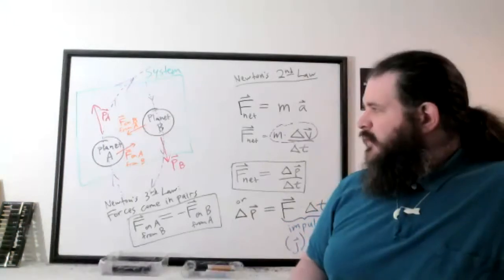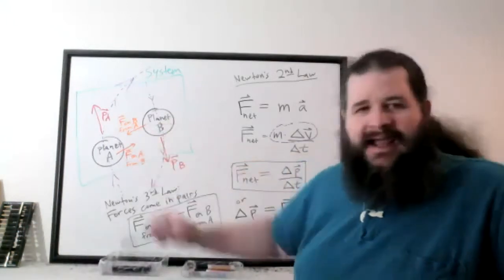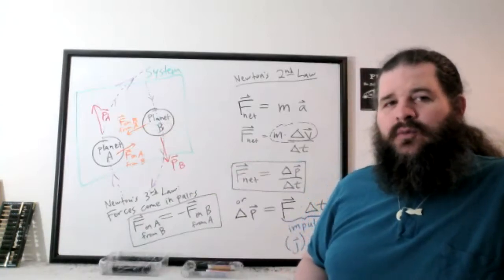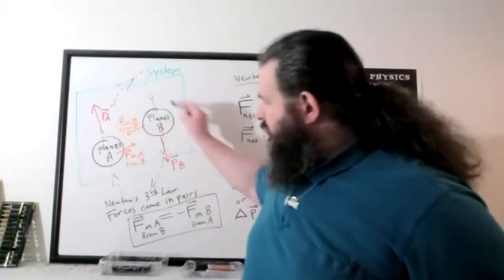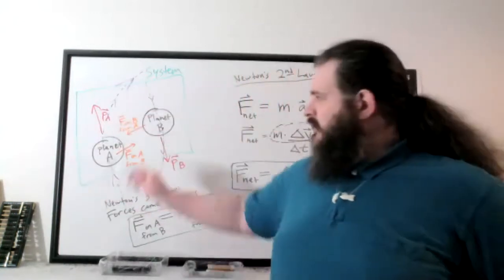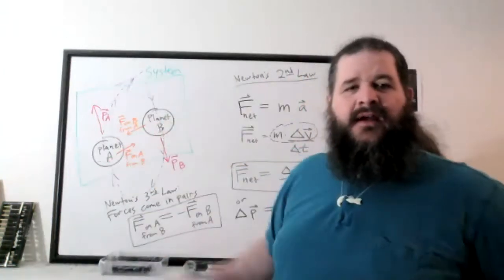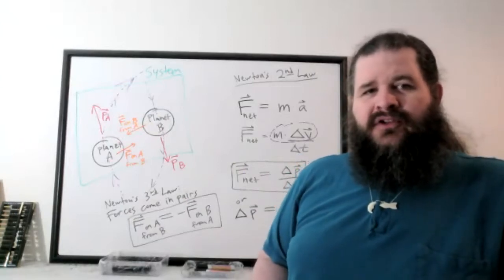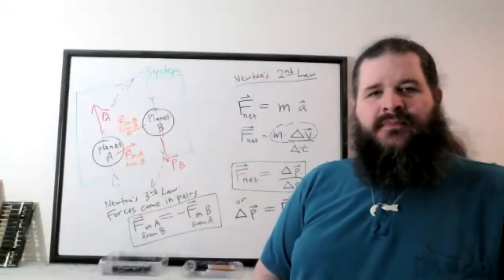If we look at this as just one big system, A exerts a force on B, B exerts a force on A. So if we treat these as separate objects, they don't cancel out. But if we treat this as one big system, if we just think of this as a collection of stuff, the system is exerting a force on itself. So if we look at this as just one big distributed object, the forces all add up to 0 because we've got these equal and opposite pairs.